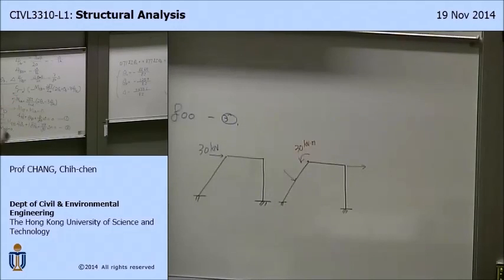But for moment distribution, they go directly to moment, skipping completely the calculations of deformations. So that's why it's very, very efficient. So let me show you the concept. It's based on slope deflection equations.